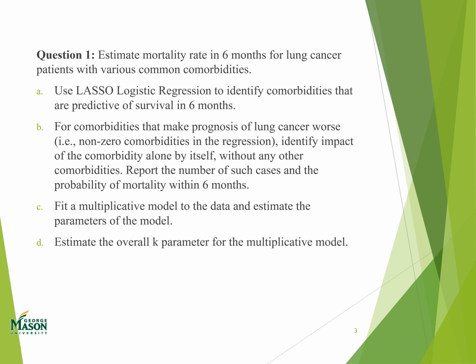Report the number of such cases and the probability of mortality within 6 months. Fit a multiplicative model to the data and estimate the parameters of the model. Estimate the overall K parameters for the multiplicative model.